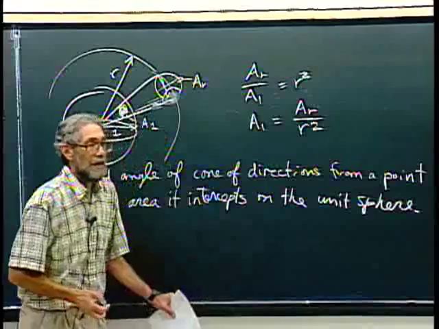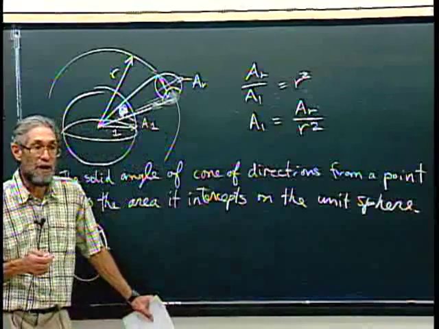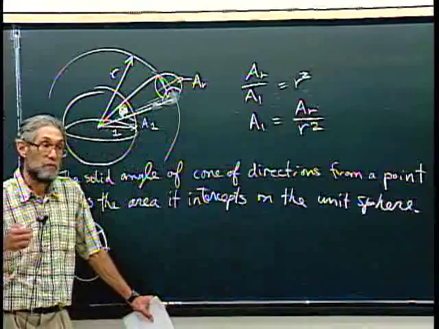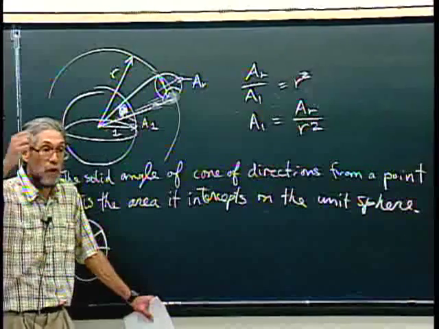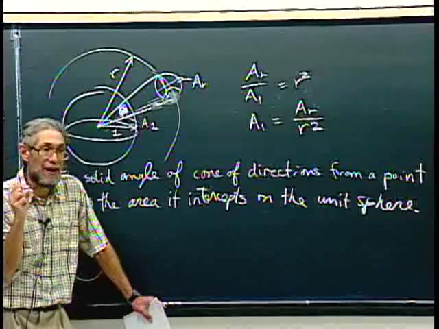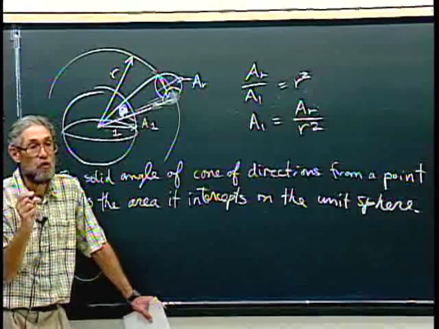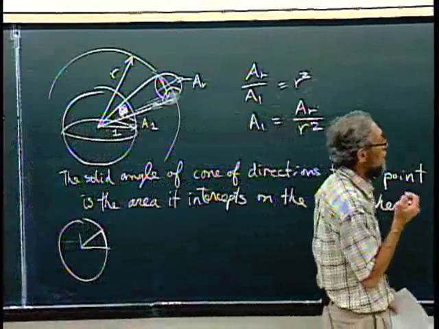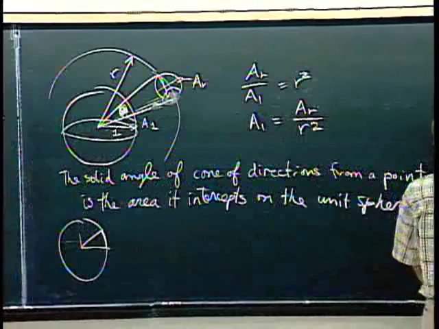So that's basically the inverse square law of light from the sun. If you're twice as far away from the sun, you get a smaller solid angle by a factor of 4. And we'll see that makes the irradiance smaller too.